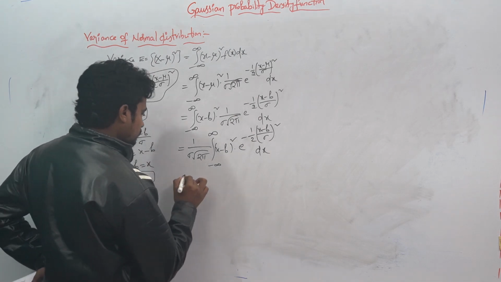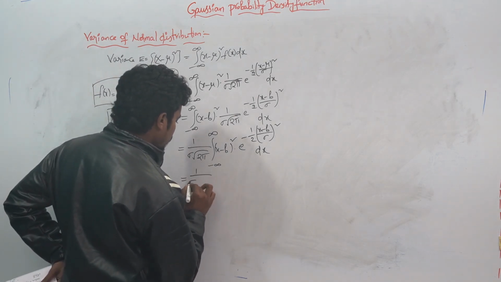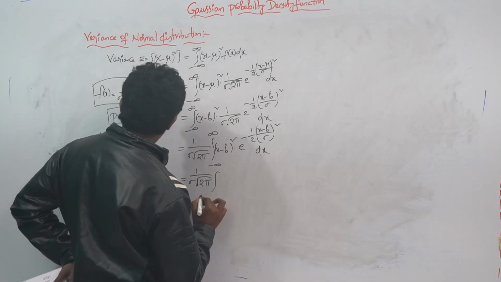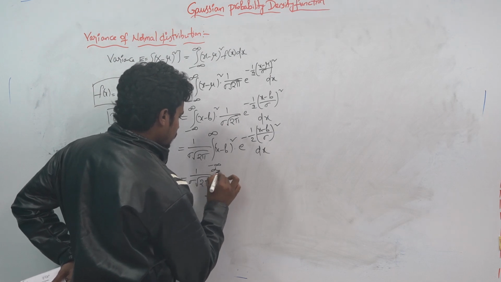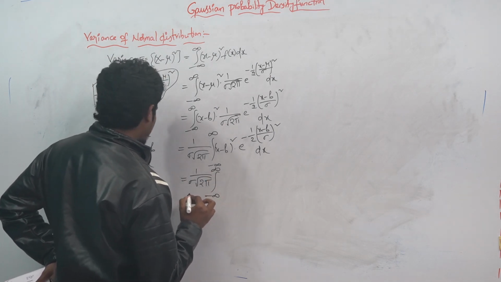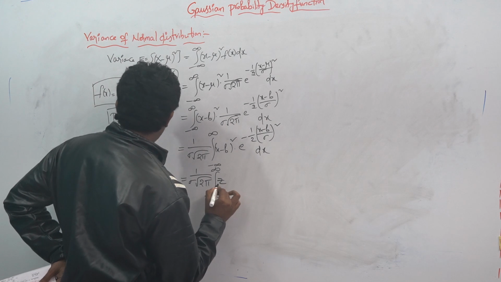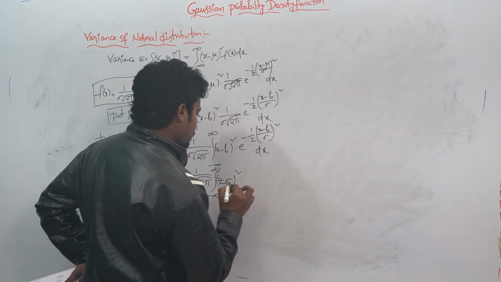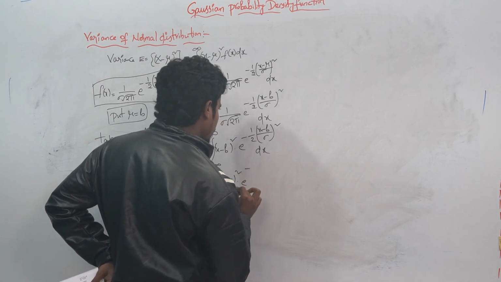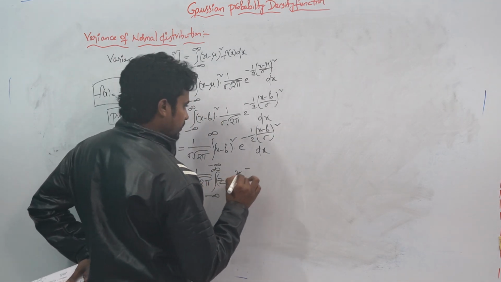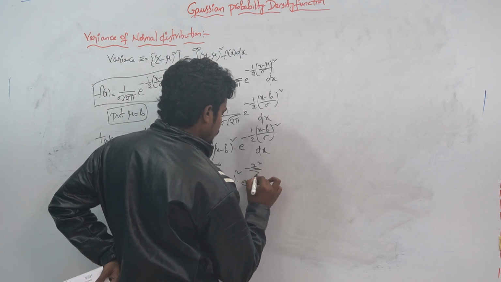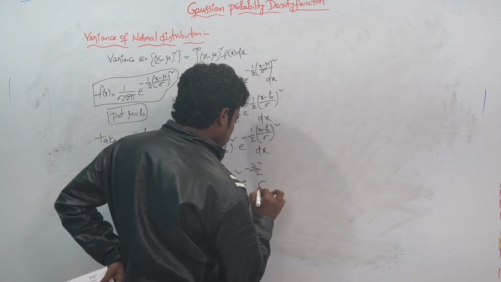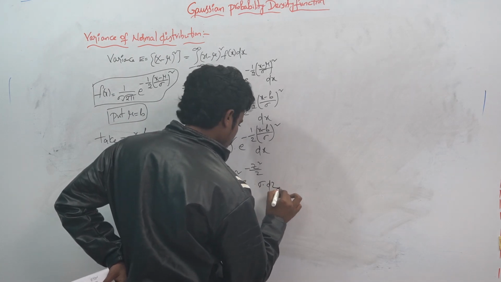What you will get? That will be 1 divided by sigma into root 2 pi, integration from minus infinity to infinity of (z sigma) whole square into e power minus z square divided by 2 into sigma dz.